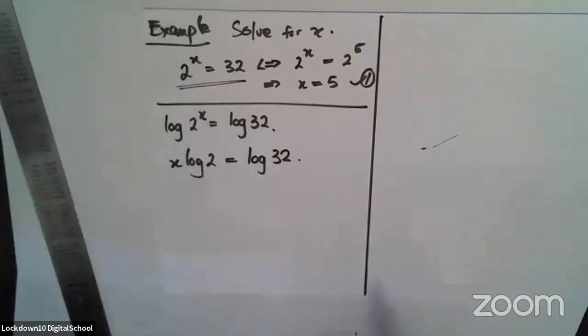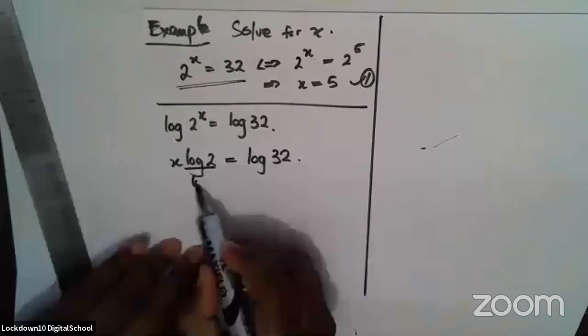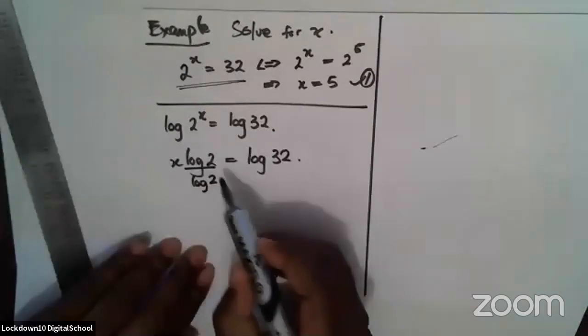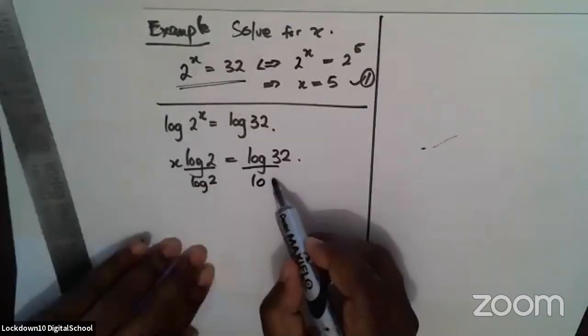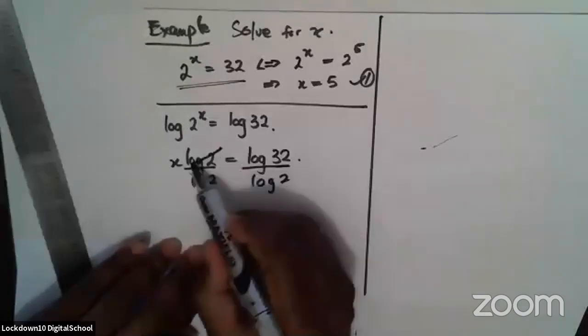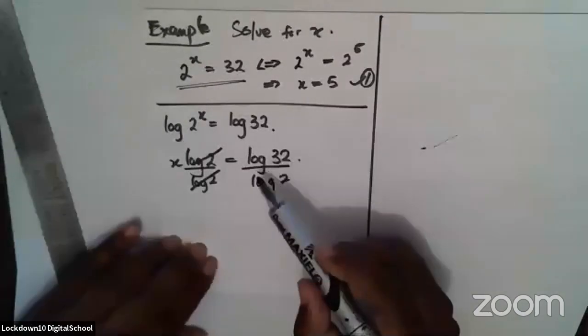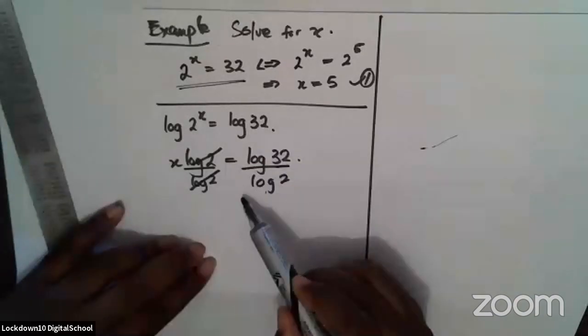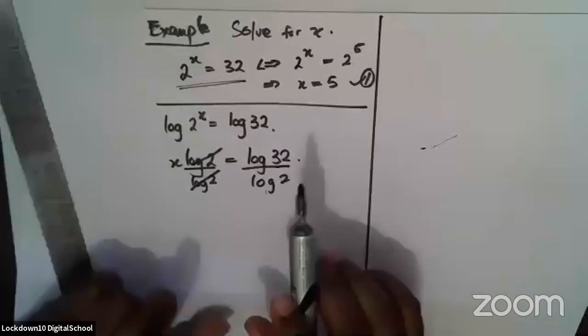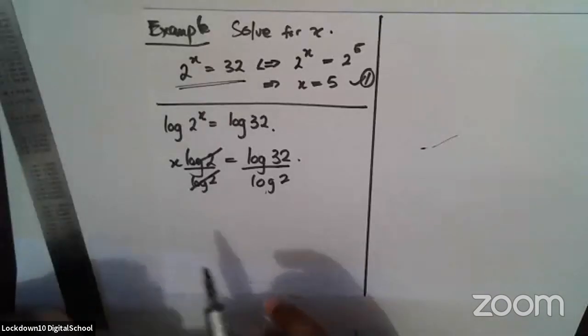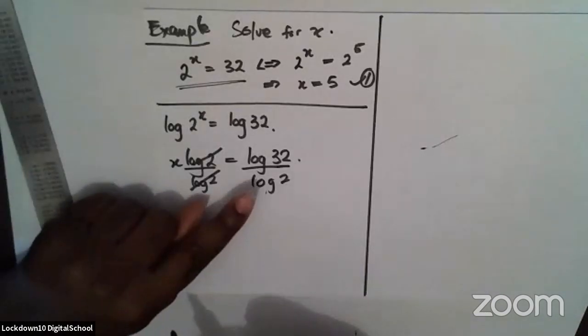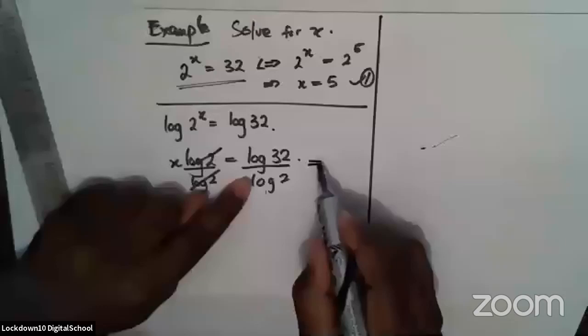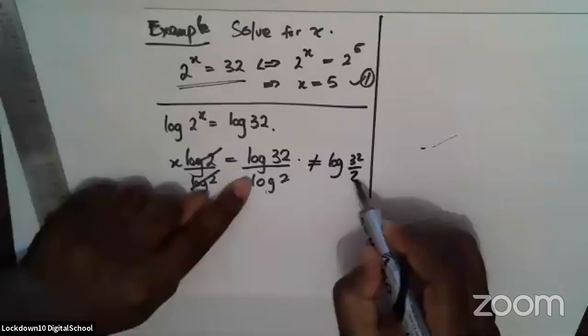Correct? Now the last thing is to divide by log 2, both sides. I have log 2 I can cancel out. Do not make a mistake of canceling out the logs. It will be very wrong. And notice that this is not similar to log 32 over 2.